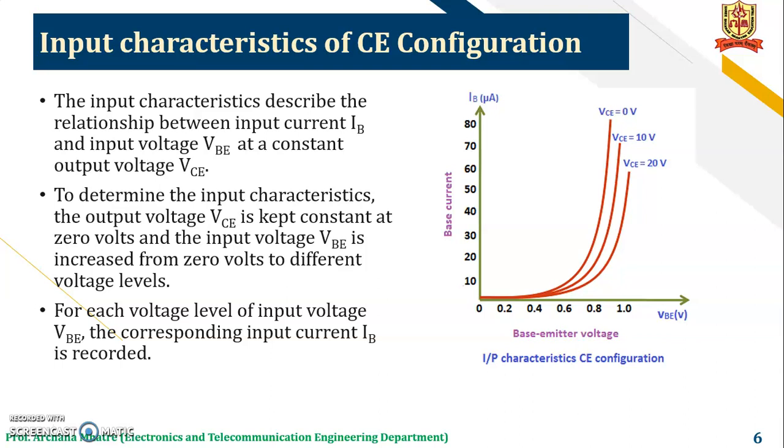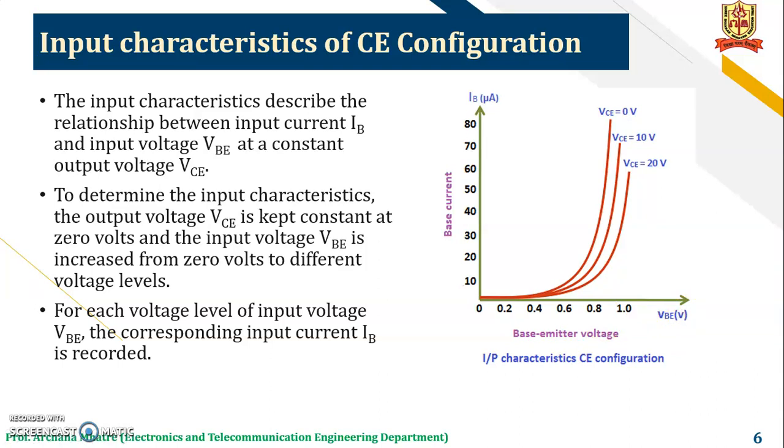The input characteristic describes the relationship between the input current IB and the input voltage VBE at a constant output voltage VCE. Here you can see the graph is between the input voltage versus input current, having the output voltage constant. The base current is measured in microamperes and the voltage is measured in volts.